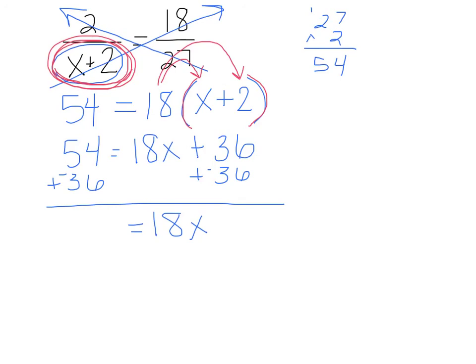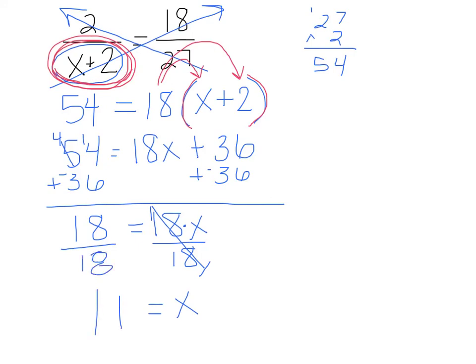And I'm left with, if I do my subtraction, 18 on this side. Now in order to get x alone, I have to remember this is 18 times x, so I'm going to divide by 18, making an equivalent form of 1, and I get x equals, but if I divide by 18 on one side, I have to divide by 18 on the other, and I end up with 1 equals x. Okay, not so bad. Let's do one more of these to practice.